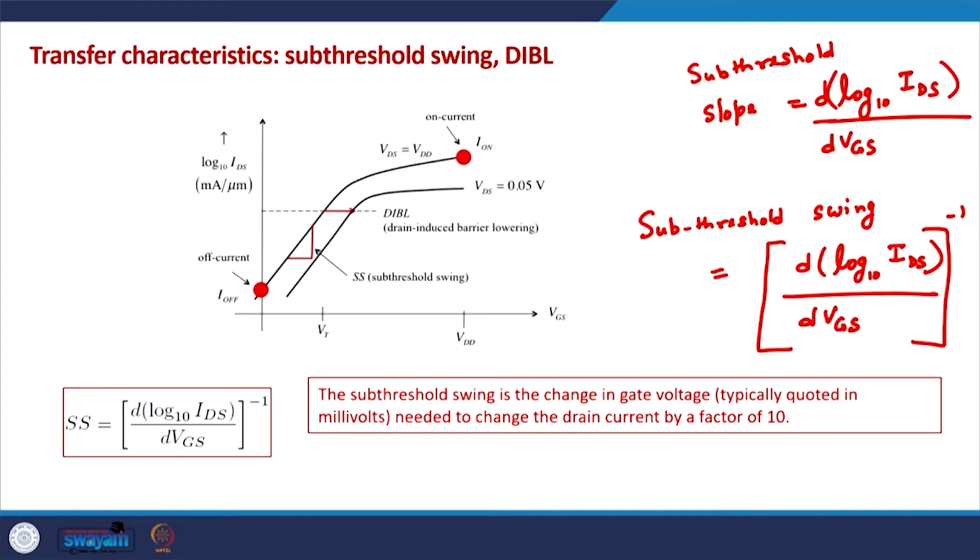The way it is defined is that it is the change in the gate voltage that is needed to change the drain current by a factor of 10.